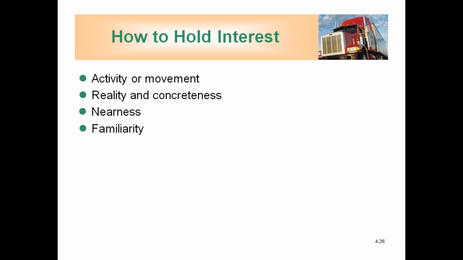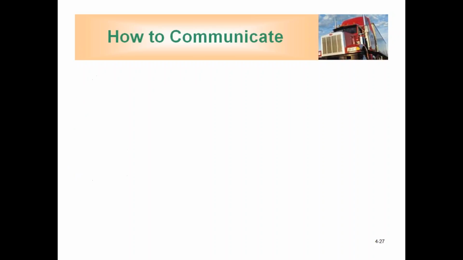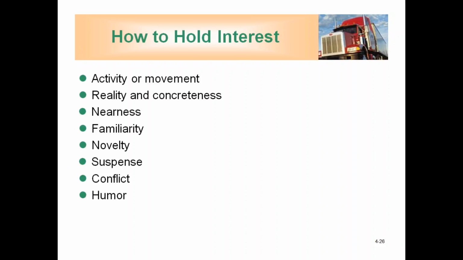Then nearness, in the sense you have to do the nearness about the concept. Familiarity, novelty, suspense, conflict, humor. So these are the various ways how to hold the interest. So one is the activity of the moment, then reality and concreteness, nearness, familiarity, and the suspense, conflict, humor.